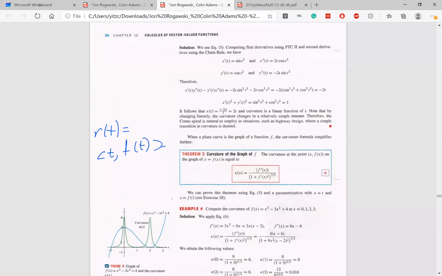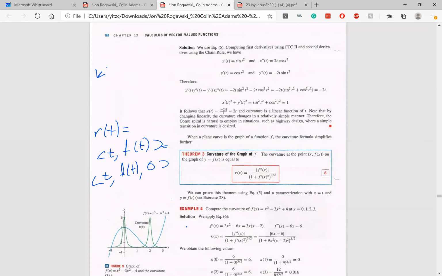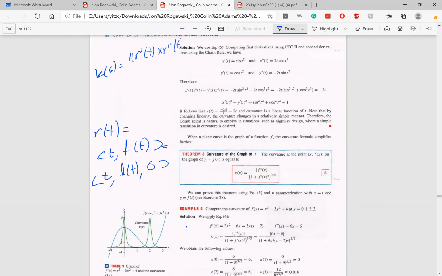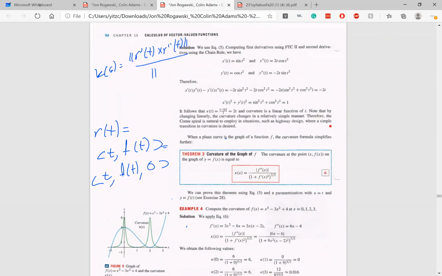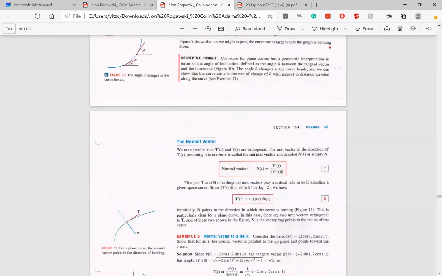Then you can put this in 3 dimensions by saying that would be t, f of t, and 0, and then using the formula that we just had, the magnitude of r prime of t cross r double prime of t over the magnitude of r prime of t cubed. So you don't actually have to memorize this formula either or know how to use it.